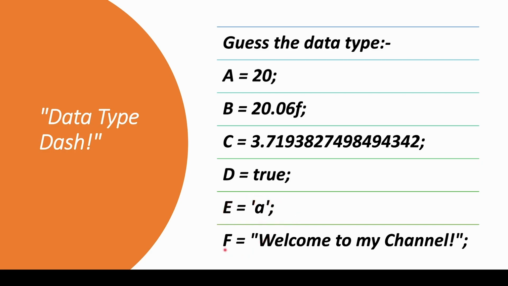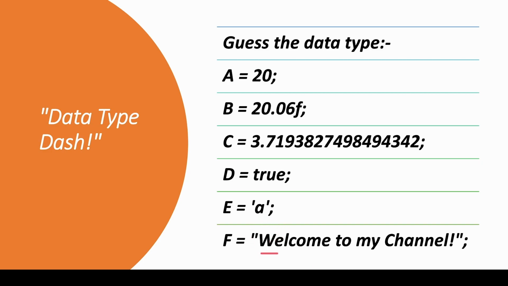And the last one is, can you guess what it is? Okay, if you can't guess, then I will tell you it is a string data type. What is a string? A string is a collection of characters.